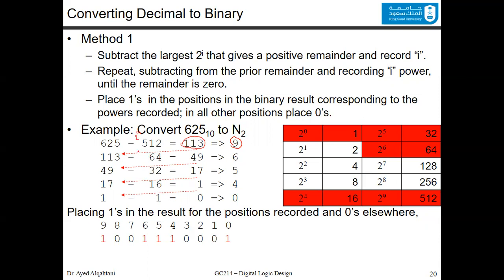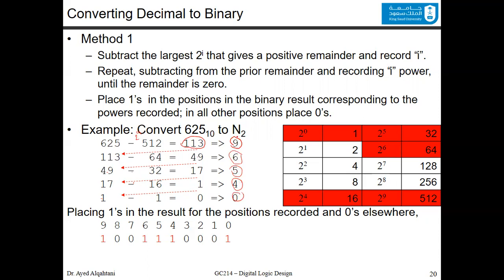The largest one is 2 to the power of 6, which is 64. 113 minus 64 is 49, and the power that we use is 6. We do the same thing with 49. We subtract 32, which is 2 to the power of 5. So the power is 5. The result is 17. 17 minus 2 to the power of 4, which is 16, is 1. And the power that we have is 4. And then you usually reach 1. 1 minus 1 is equal to 0, and this one is 2 to the power of 0.